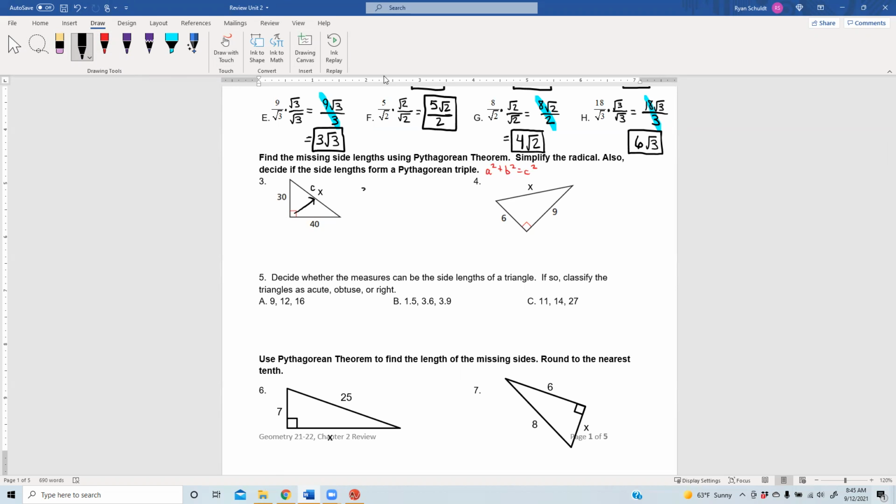So this is going to be 30 squared plus 40 squared equals x squared. 30 squared is 900. 40 squared is 1600. 900 plus 1600 is 2500. Square root it, and we get x equals 50.